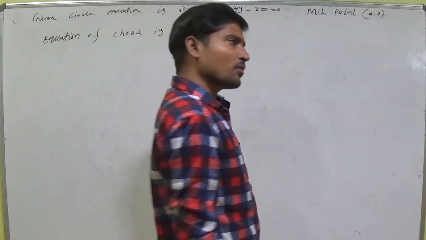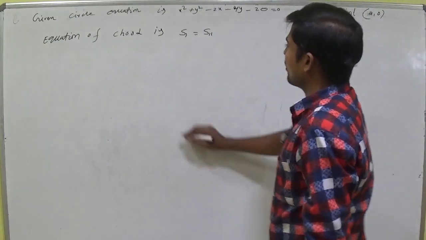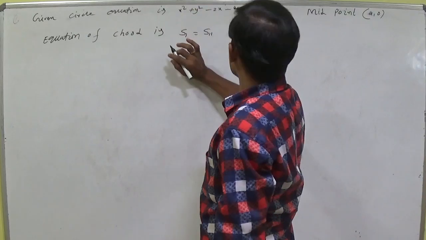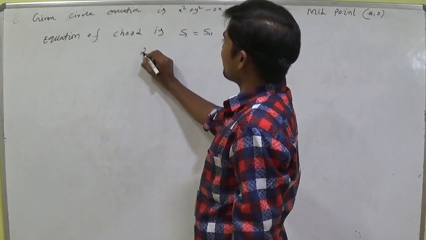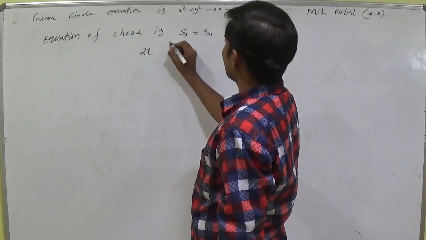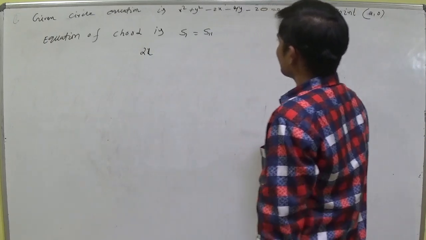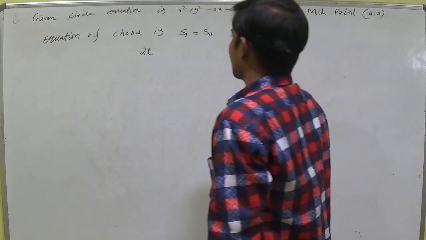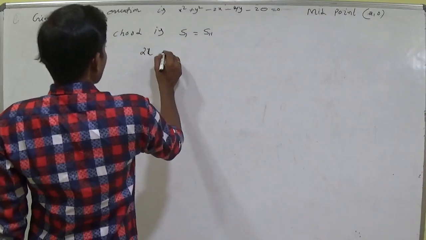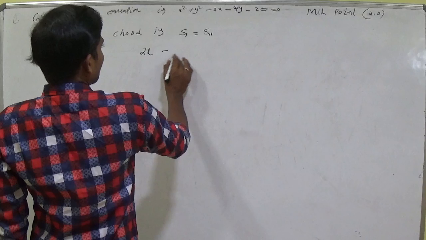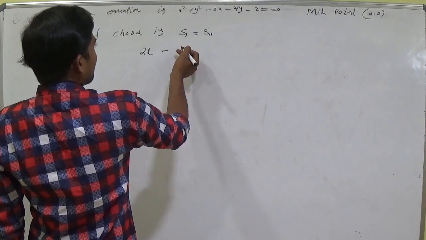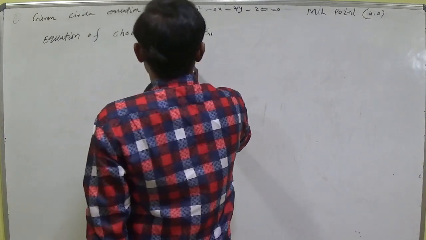So x x1, so 2x, y y1 becomes vanish, minus g into x plus x1.